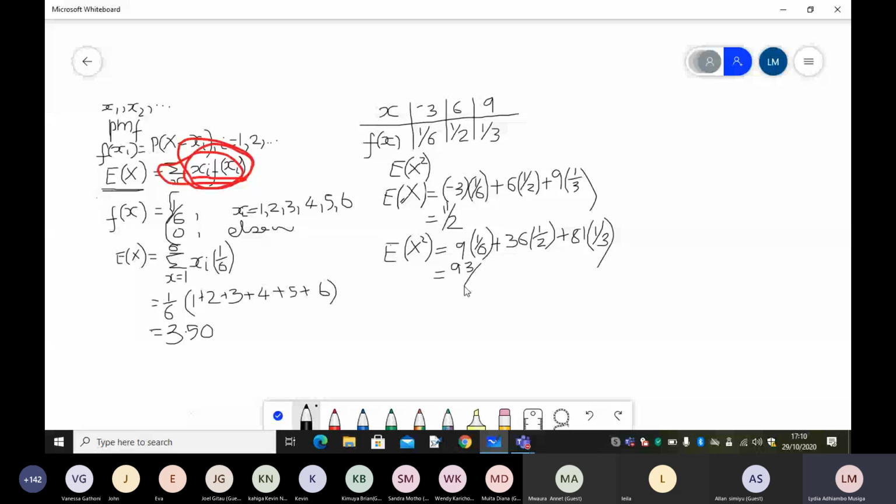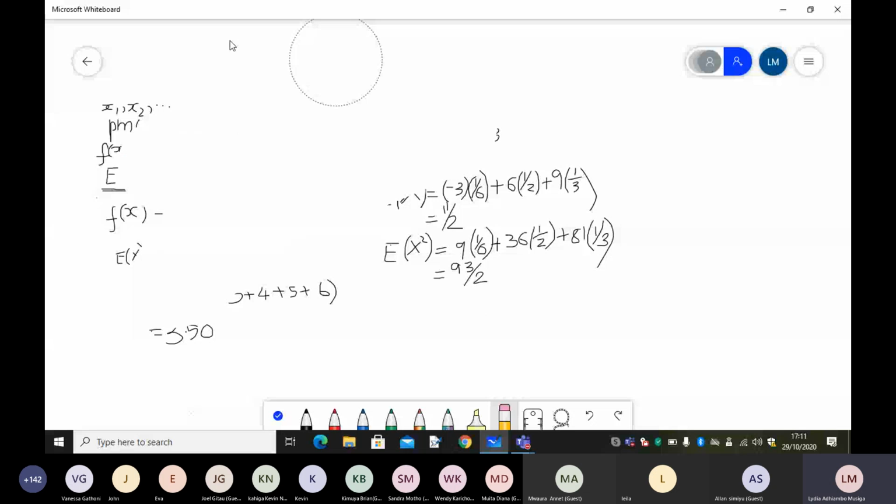So that is how we get expected values. And you know, we can take this concept further. We can look at an example where we do not necessarily have numerical values.